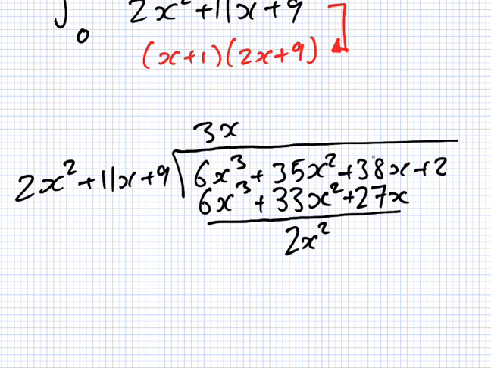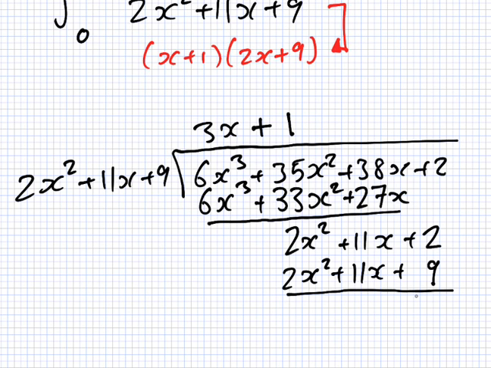Oh, I must have just looked here and didn't bother to look 1 centimetre to the left to see that they were different numbers. So this should be 11x plus 2. So that's actually nicer, because if I put plus 1 here, I get 2x squared plus 11x plus 9, so minus 7.